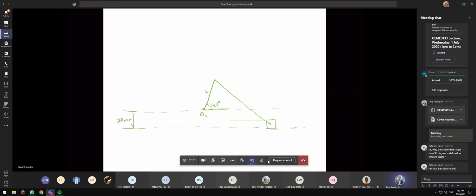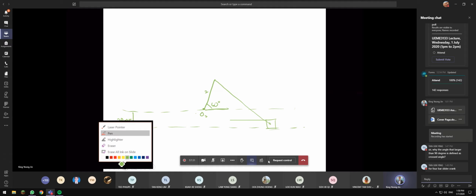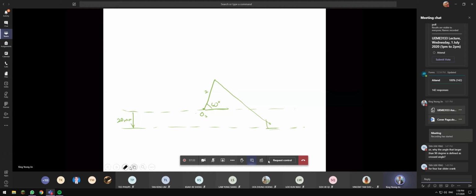Let me see whether I have it. So if we measure the angle, this angle theta 3 is 152.91.